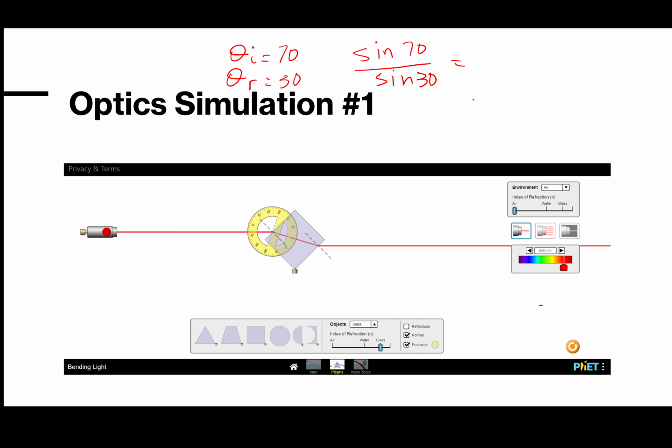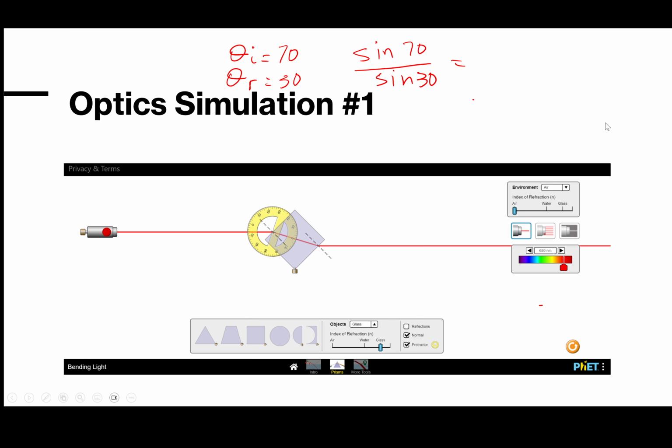What would be the refractive index of glass? Let me go back to the simulation and see what the refractive index of glass in this experiment is. It's 1.49.